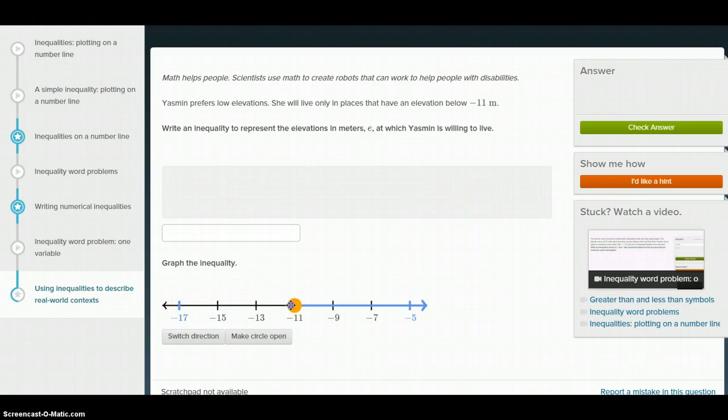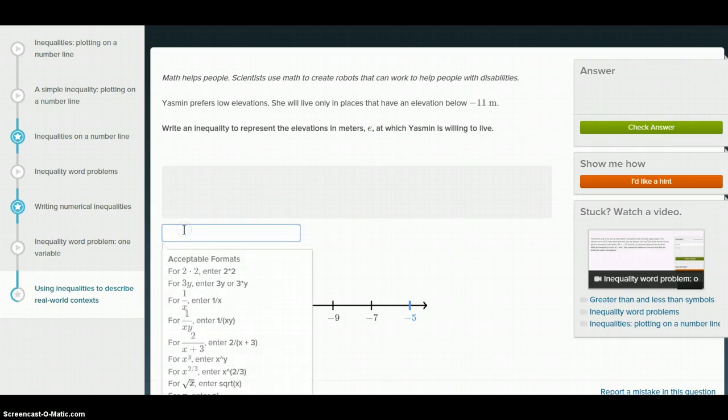So let's move this over to -11, and it's going to be below, so we're going to switch directions to be less than -11, and it's also not going to include -11 because she doesn't say she's willing to live at or below, just below. Okay, so now let's write an inequality.